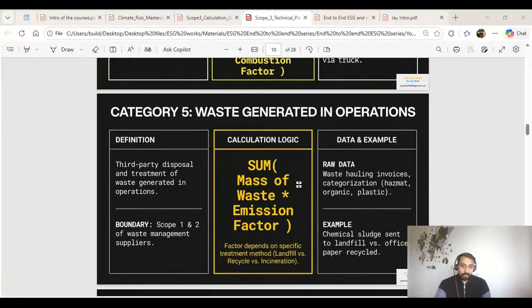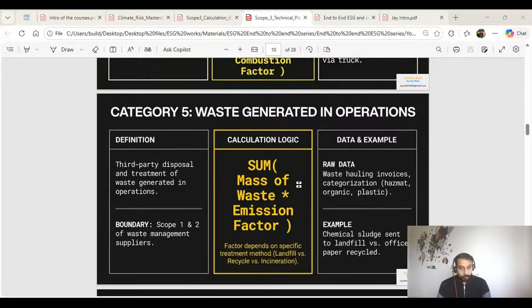So here the data source, as I mentioned, is the waste management team, if you have one, then it will be good. Otherwise, you can ask the health and safety team. If not, then the waste haulers who are managing all the waste for you, you can ask them, or you can also develop your facility records.